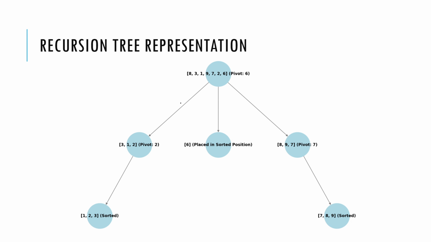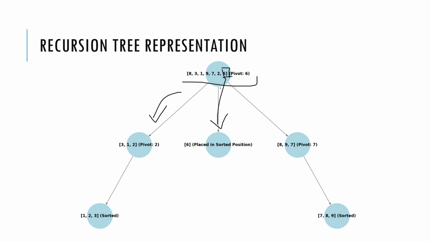This is how the recursion tree is represented. We had the first initial array with 7 elements. We had the pivot 6. Then we had the left subarray with 3, 1, 2. 6 is now placed in the right position.